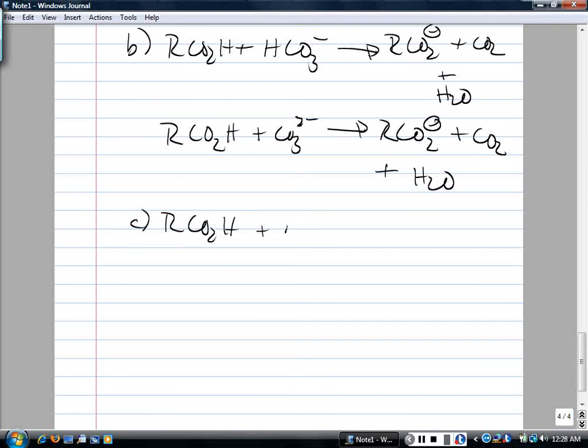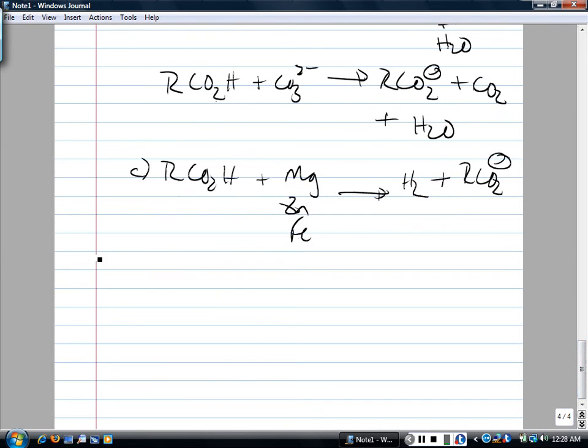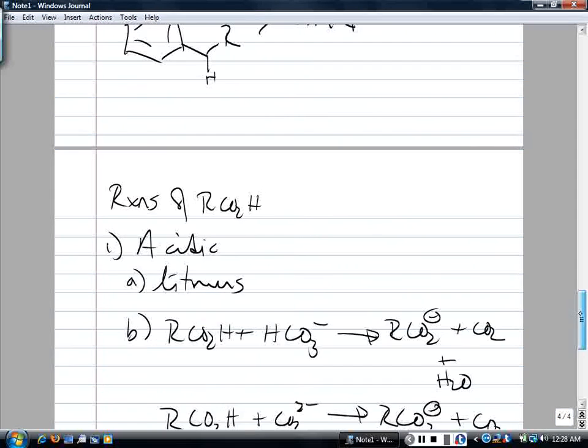So I would treat this with magnesium or zinc or iron, and I would get hydrogen gas, it's not balanced again, and then the corresponding carboxylate salt, right? Either the magnesium or the zinc and so on, or the iron carboxylate.